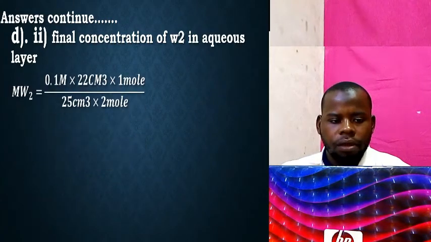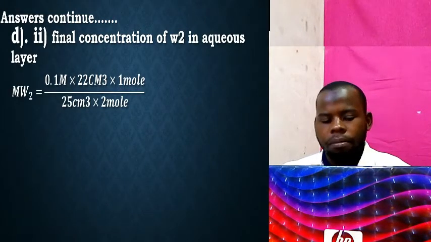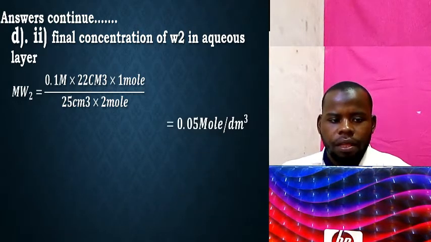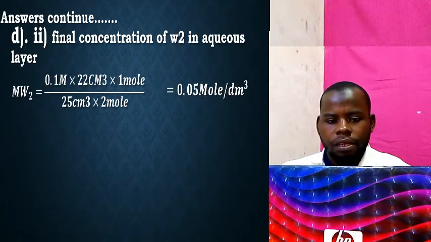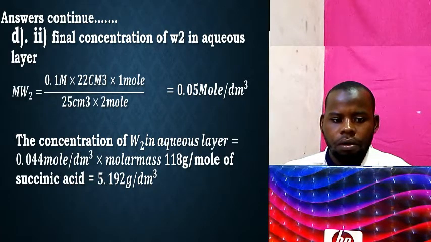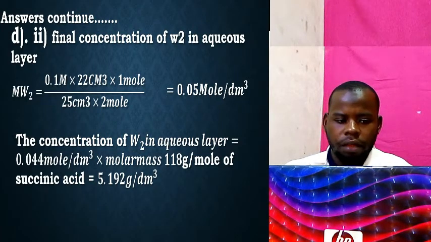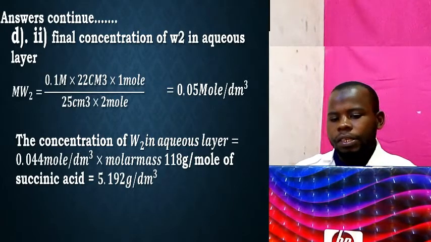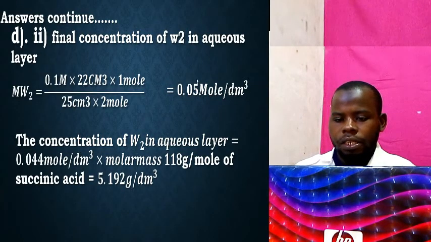Our solution: we get 0.1 times 22 times 1 mole divided by 25 times 2. The answer is not 0.05, it is 0.044. That is an error for this one, this is not correct.